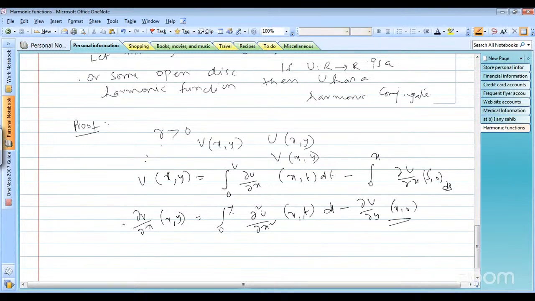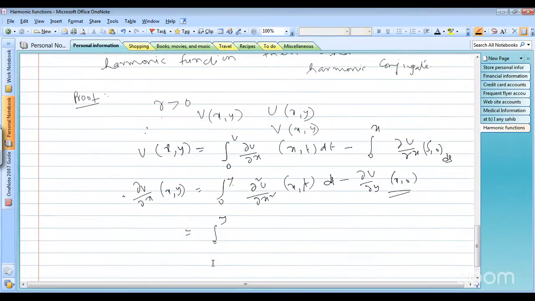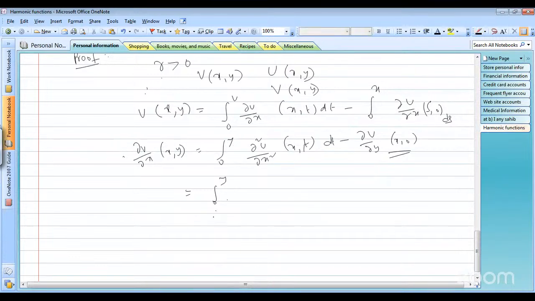Again with the integration from 0 to y, therefore minus the integral of ∂²u/∂y²(x, t) dt, using that u is harmonic.